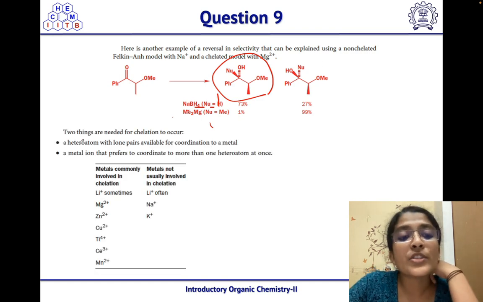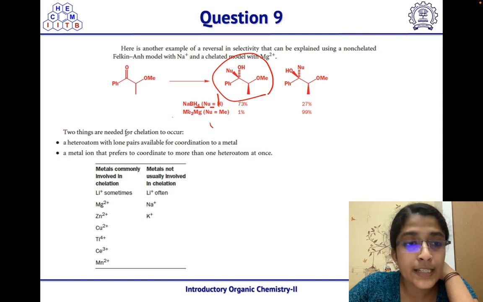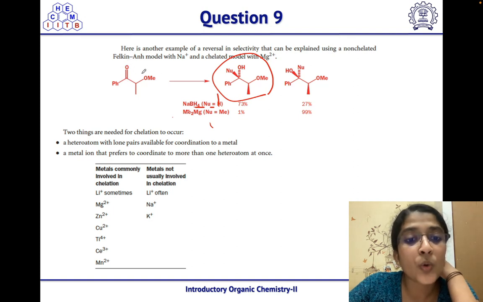For chelation, two things are necessary: a heteroatom with lone pairs available for coordination to a metal, and a metal ion that prefers to coordinate to more than one heteroatom at once.